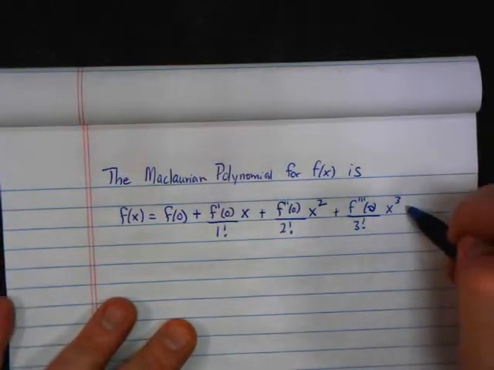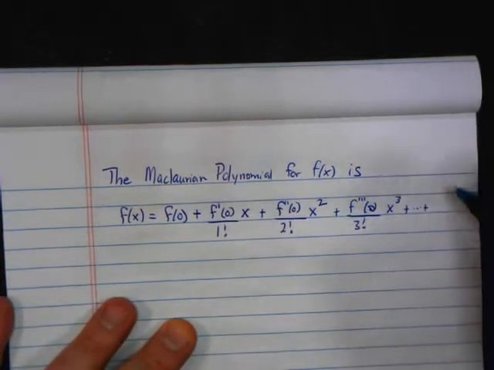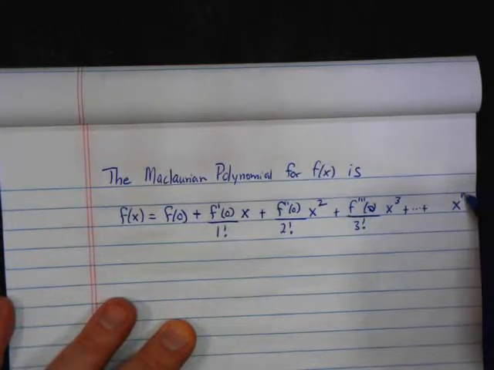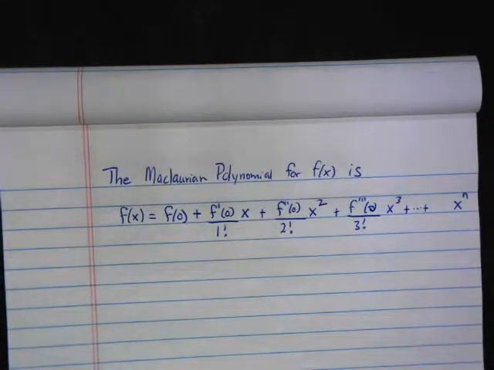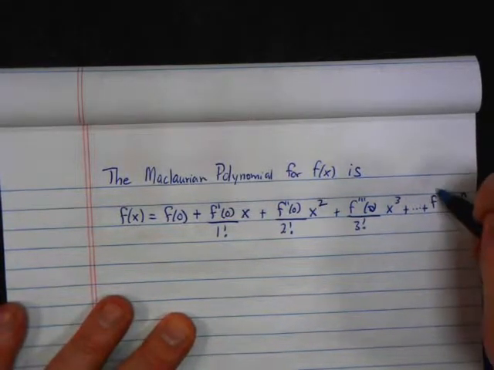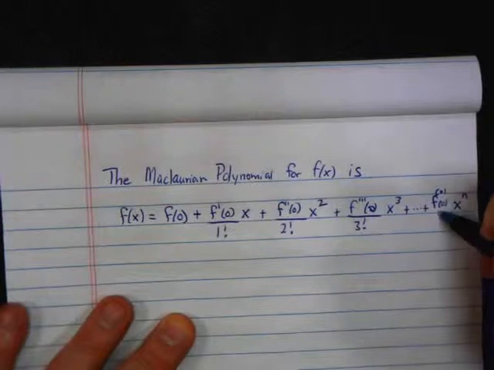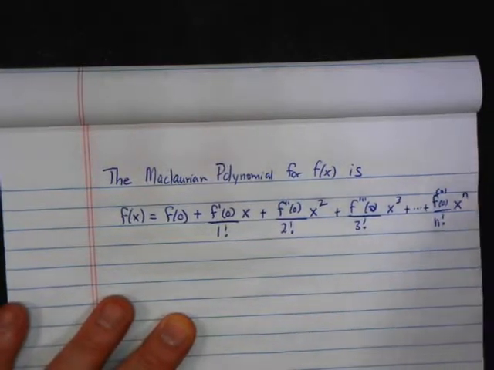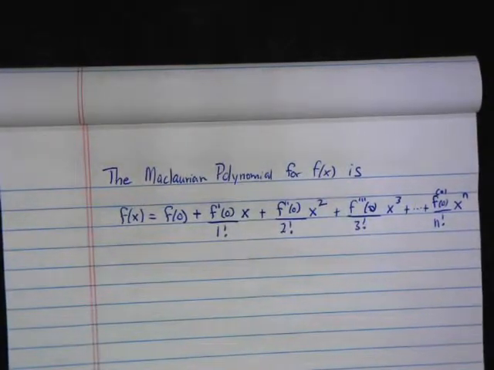And you can go as long as you want. In general, what's going to go with the power of x to the n? N factorial on bottom and up on top, the nth derivative. Usually we use this symbol. The last one we would eventually get is e to the x.